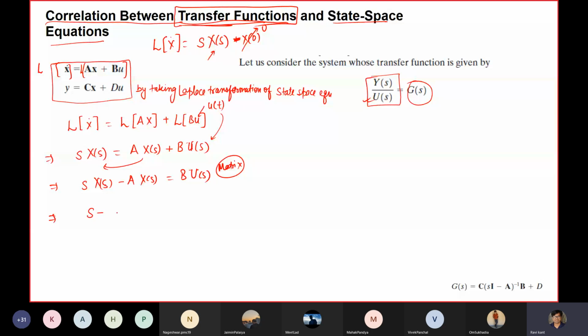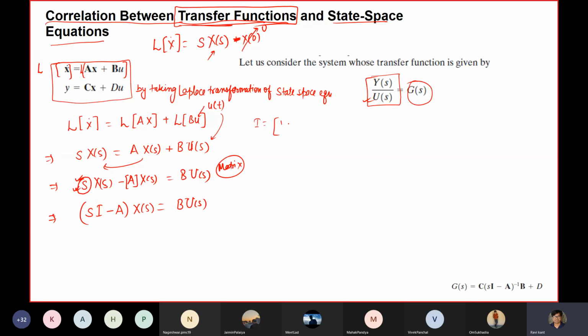So (sI minus A) X(s) is equal to B U(s). Since A is a matrix, there is no need to write an identity there, but since s is a scalar, we need to multiply it with an identity matrix, where the identity matrix, if we are writing 3 cross 3, should be written this way.